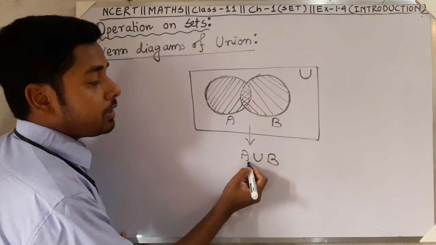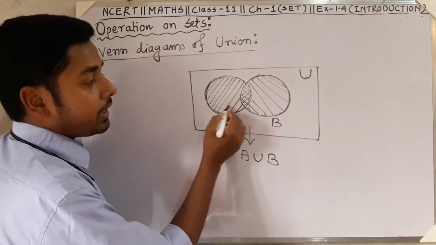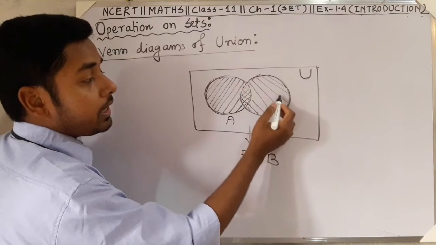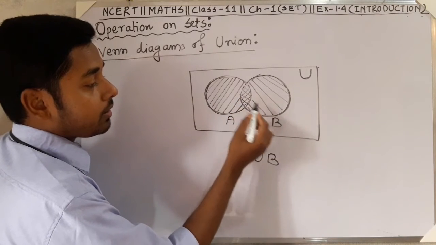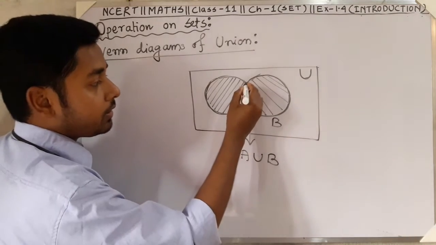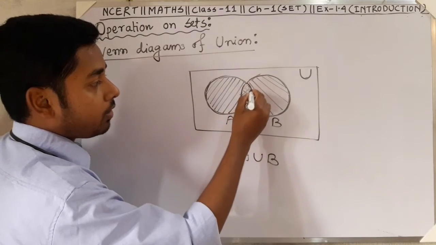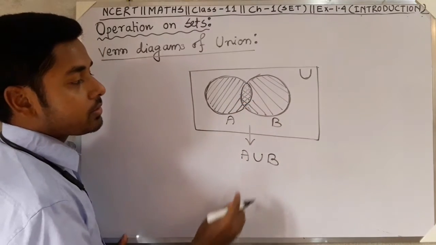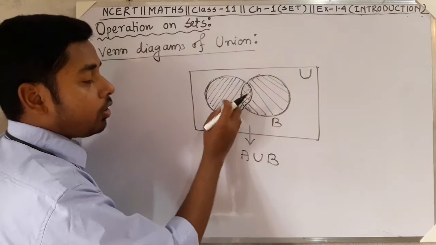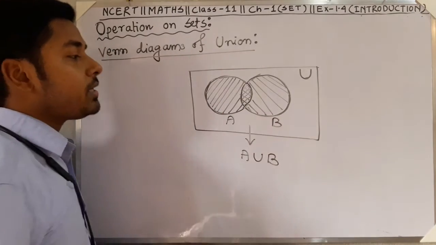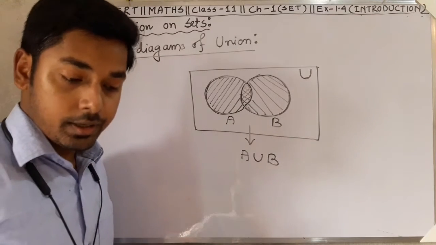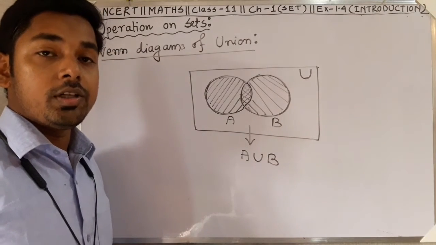Because A union B means elements of A, elements of B and the common elements of A and B. This is the common part of A and B. So all together all the parts are called A union B. So this is the representation of A and B. Okay, so pause the video to note it down.